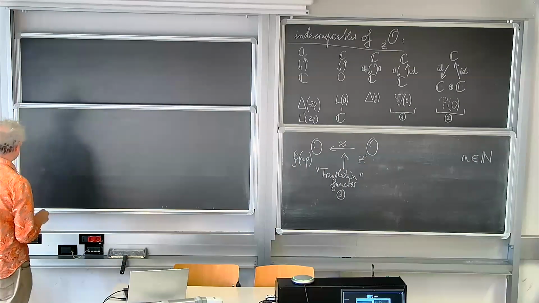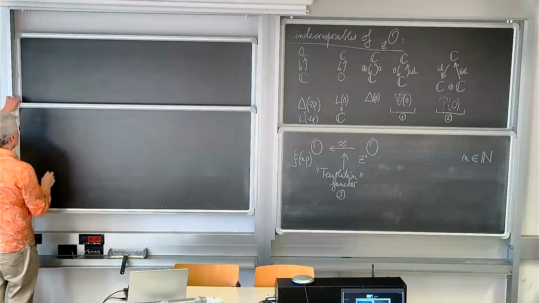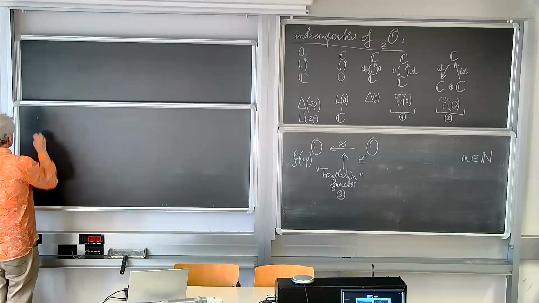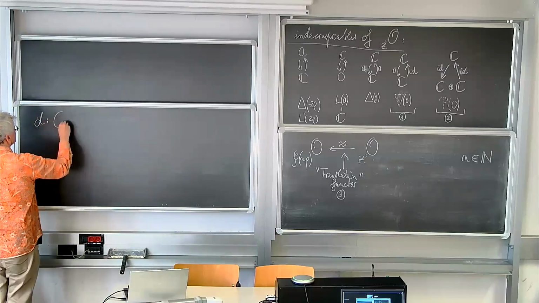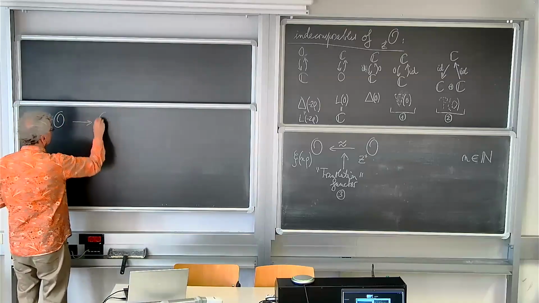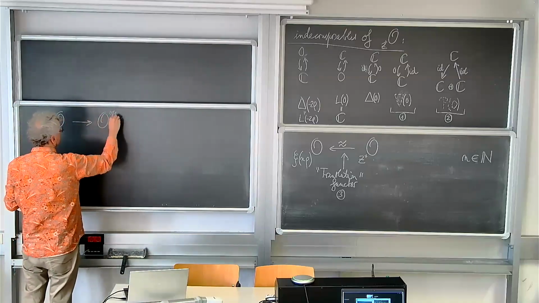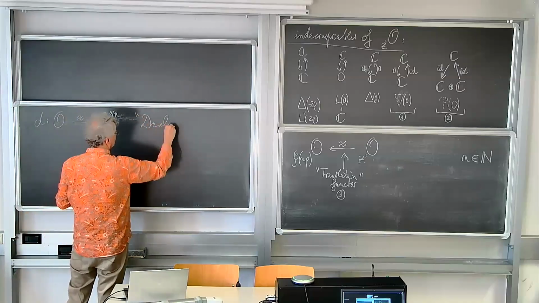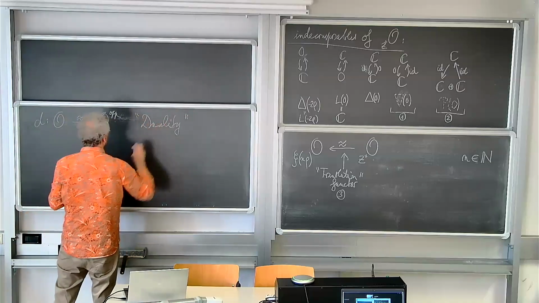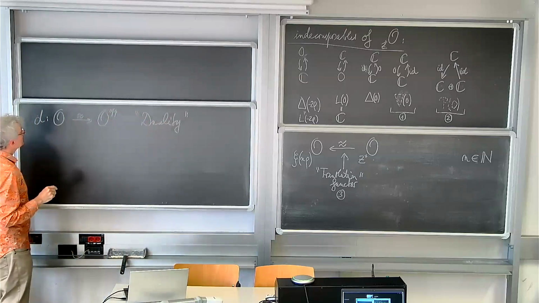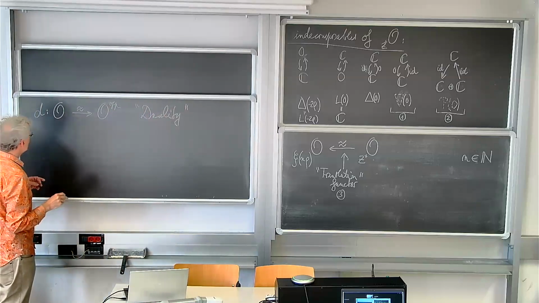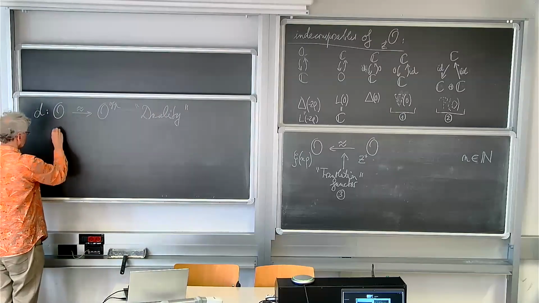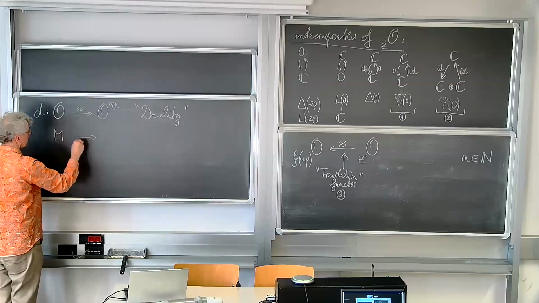So I want to explain duality. The point is that there's a duality on category O. So this will be a functor from O to O, a contravariant equivalence, duality. And it's constructed as follows. If you have a representation, then you can take the contragredient dual.